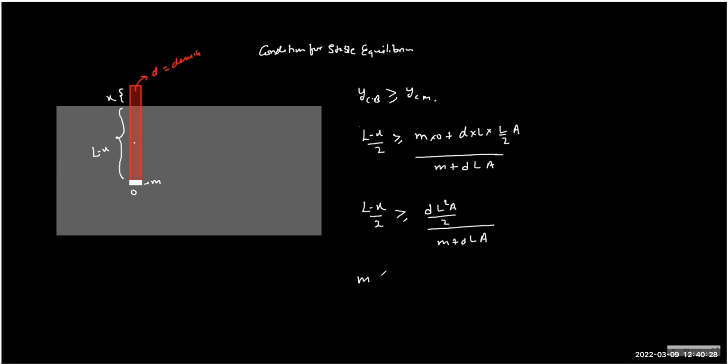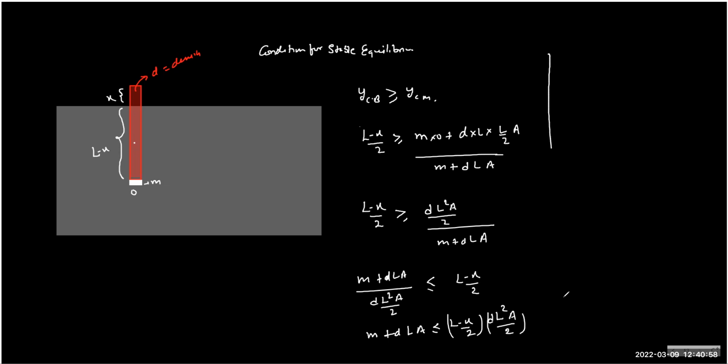So if I invert M plus D L A by D L square A by 2, we can say that M should be less than this.